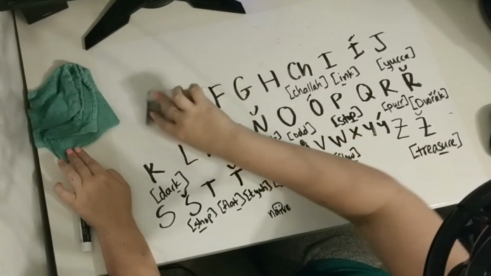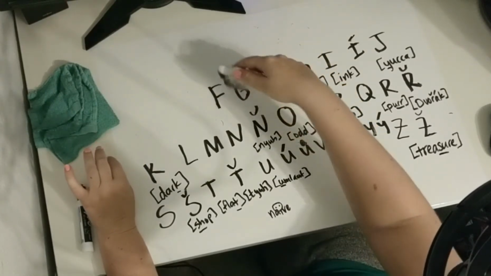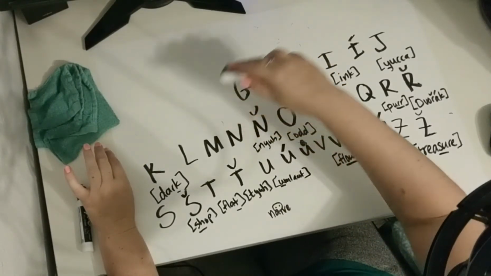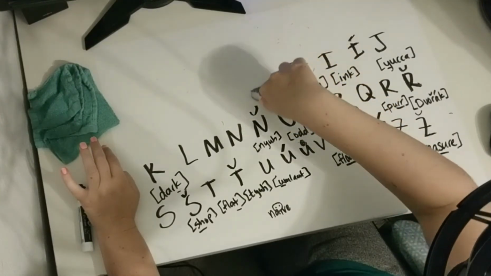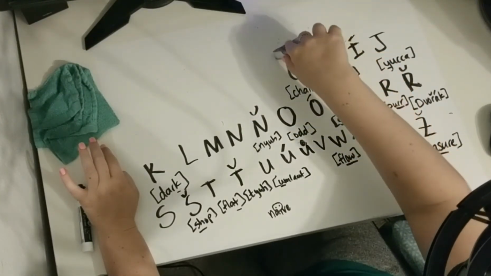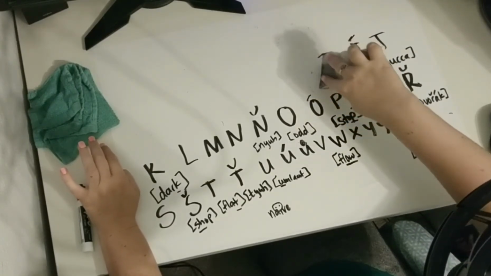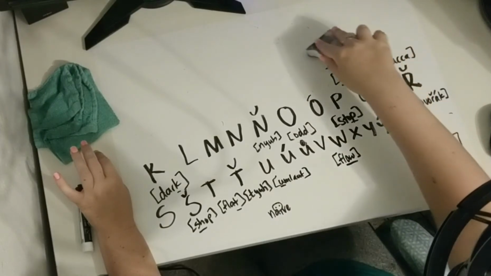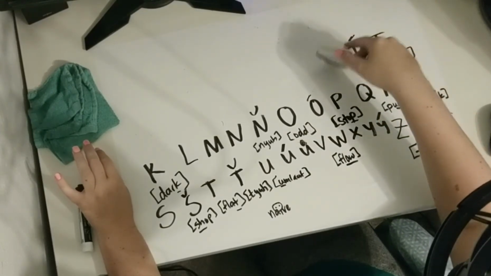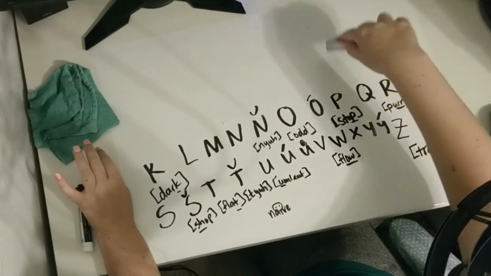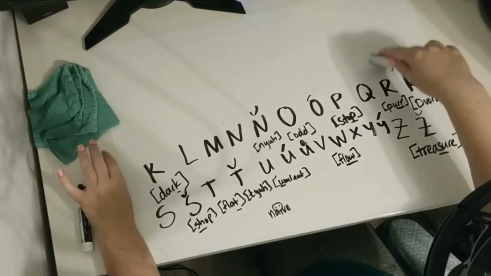I wish there was a good English example I could use for those letters, but I can't think of any. If you can, leave it in a comment. F, G, H, H, H, the back of your throat, H. E, E, ya, ya.